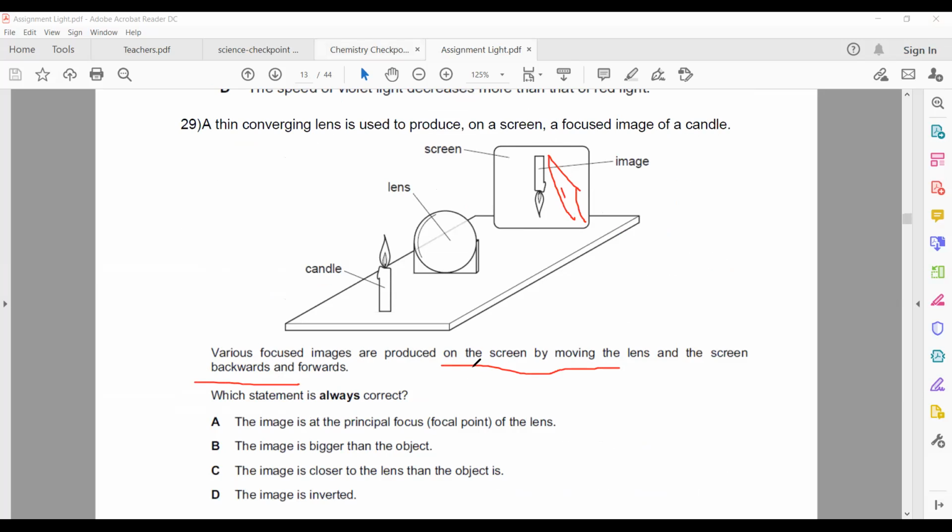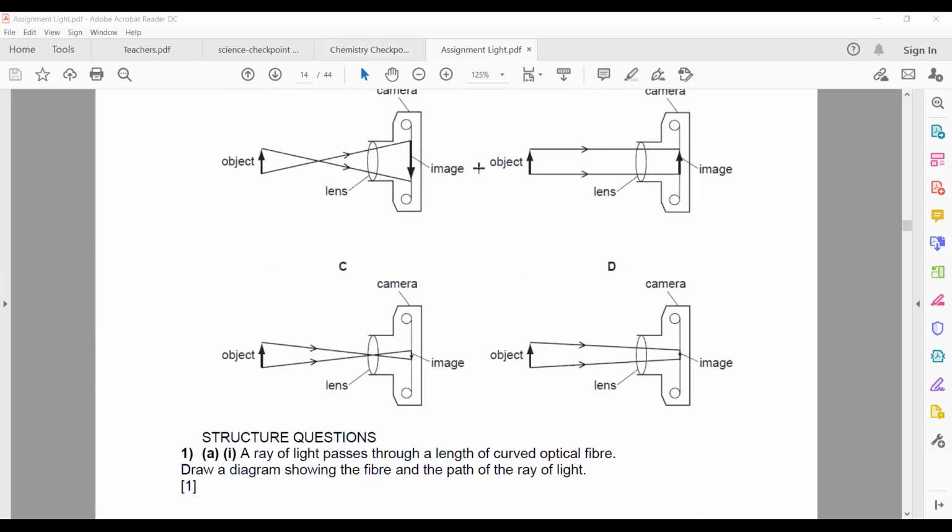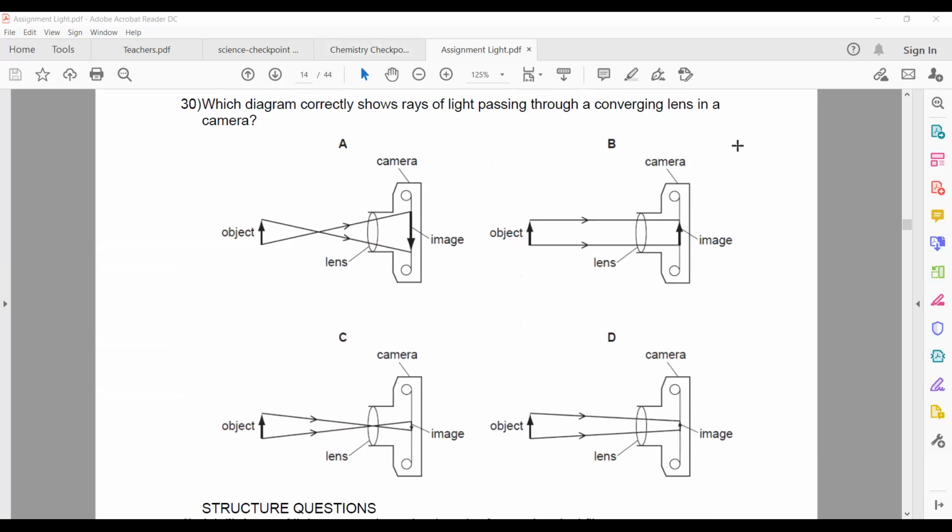Various focused images are produced on the screen. So which statement is always true for a screen? And when you look from the other side, it will appear to be an inverted image. The candle will appear inverted when observing it. But in reality, it's also there because of the intersection of the rays.